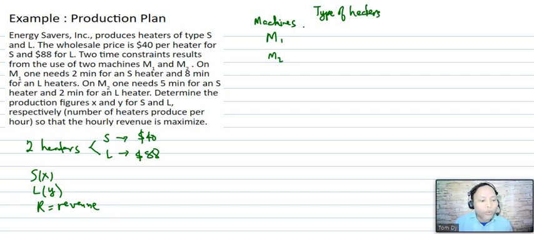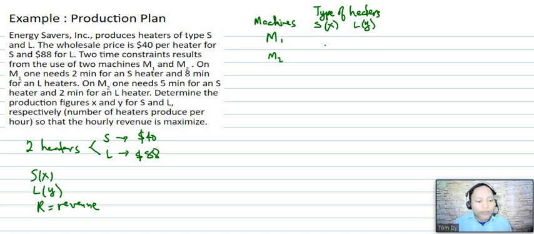We have our S type, with X as our variable, and L with Y as our variable. So take note, we have here our types of heaters.